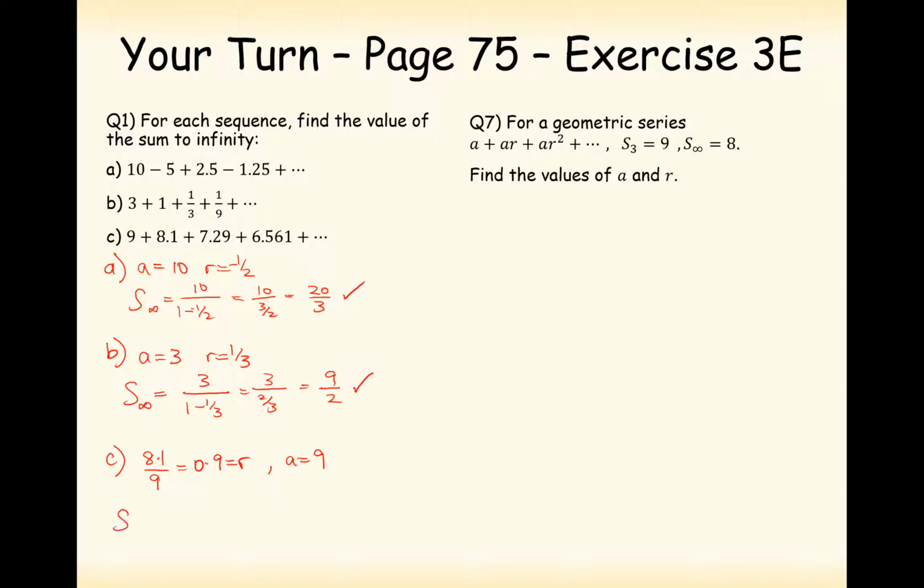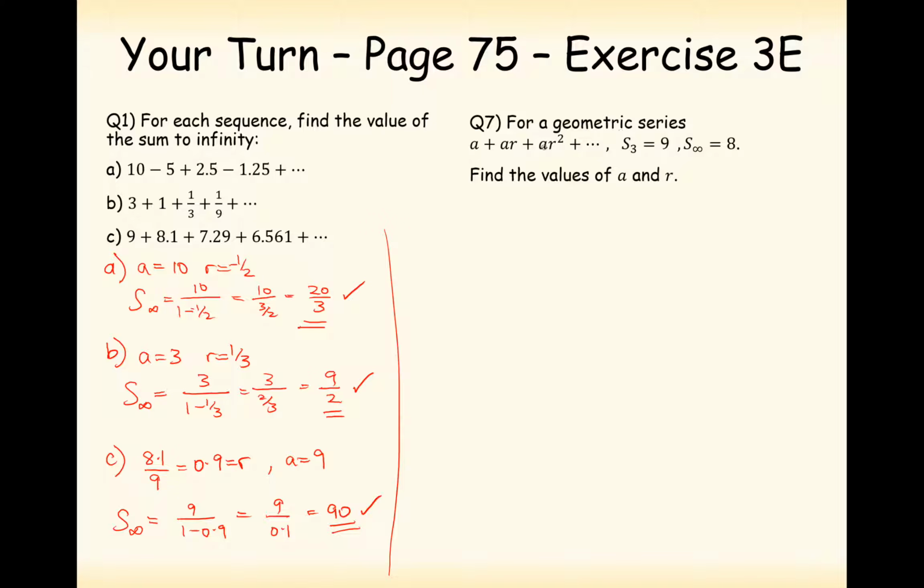So the s infinity, or the sum up to infinity, is going to be 9 over 1 minus 0.9. That's going to be 9 over 0.1, so that's going to be 90. Okay, so these are our 3 answers for question 1. Hopefully we did okay there. It's just applying the s infinity equals a over 1 minus r formula.